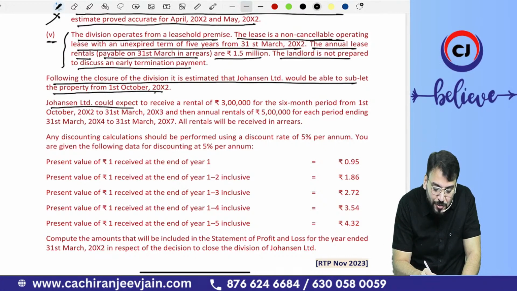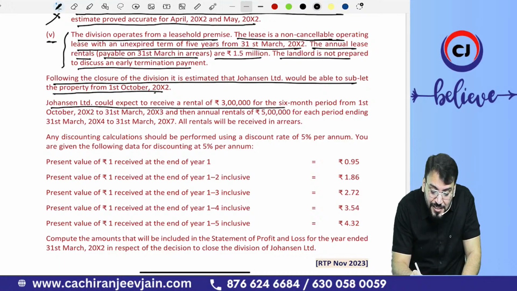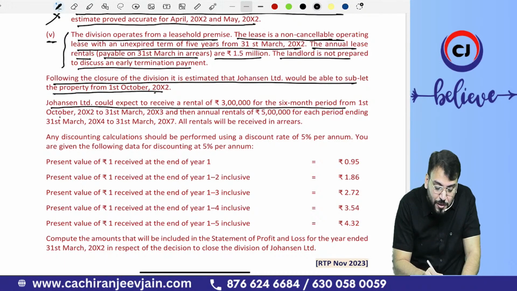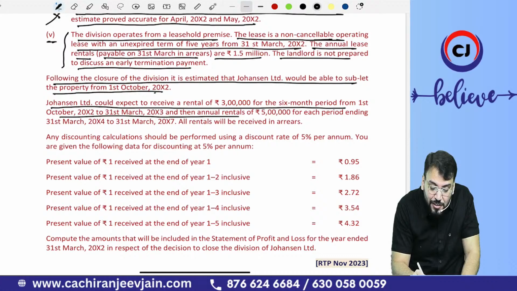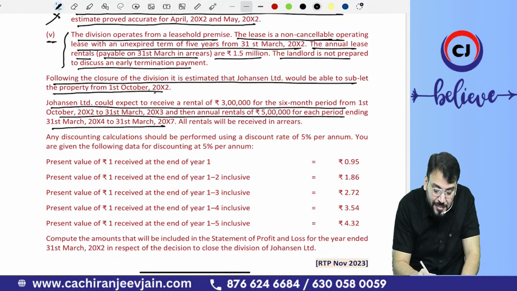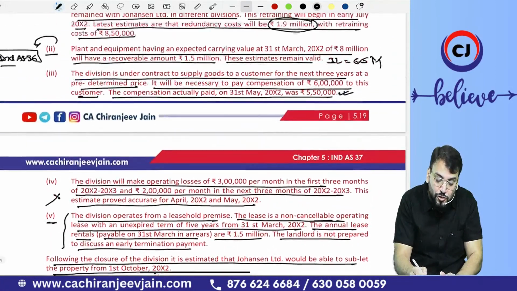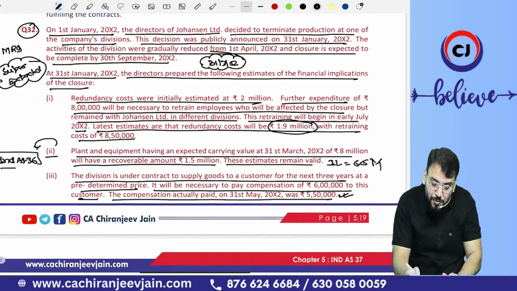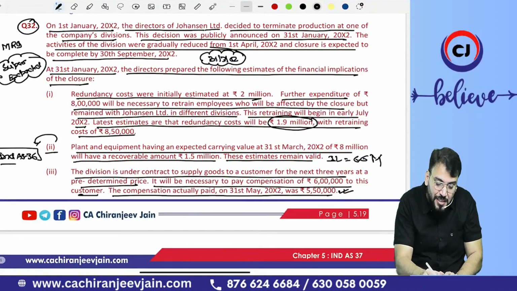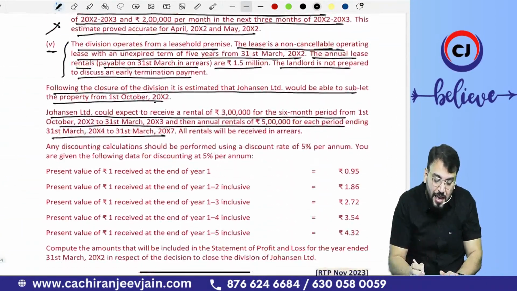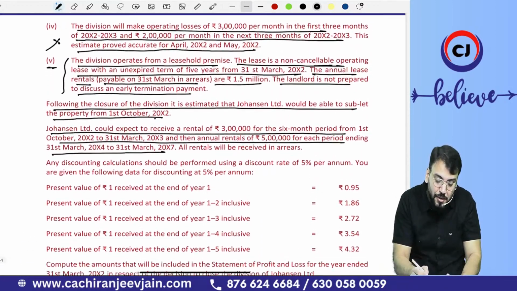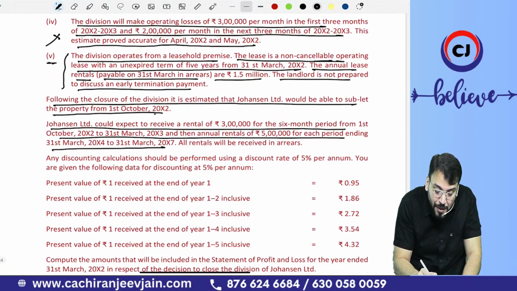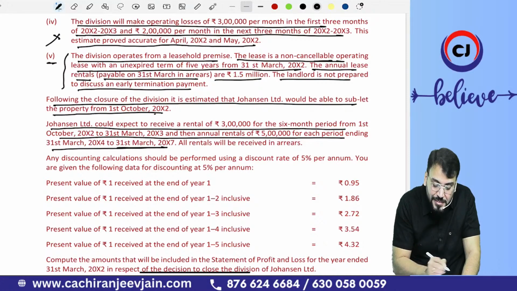Joyson Limited could expect to receive a rental of 3 lakh for the first 6-month period from 1st October to 31st March, and then an annual rental of 5 lakh for each period ending 31st March 2004 to 31st March 2007. Look, what was the expected date of closure? 30th September 2002, and they are saying the lease is non-cancellable, so the recovery will be up to 31st March 2007.